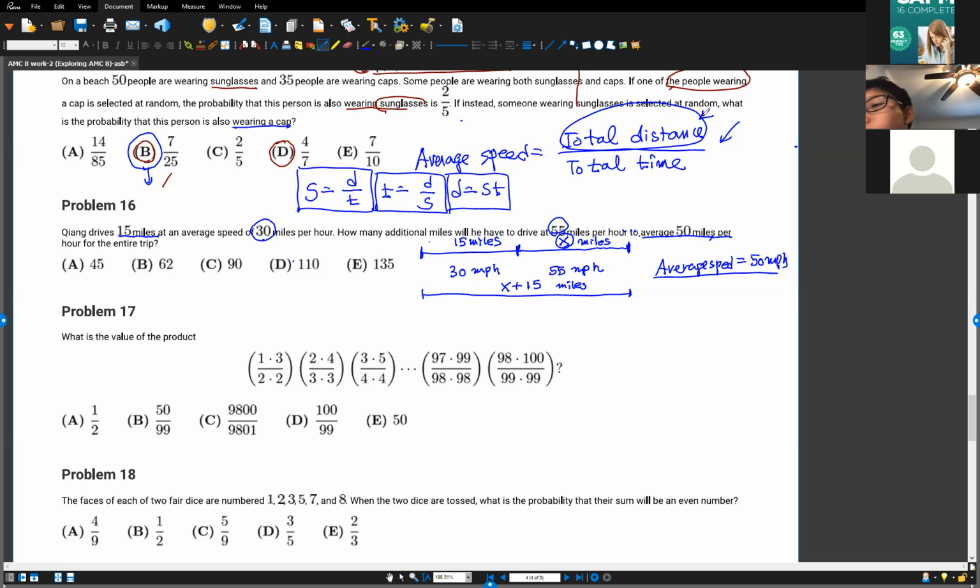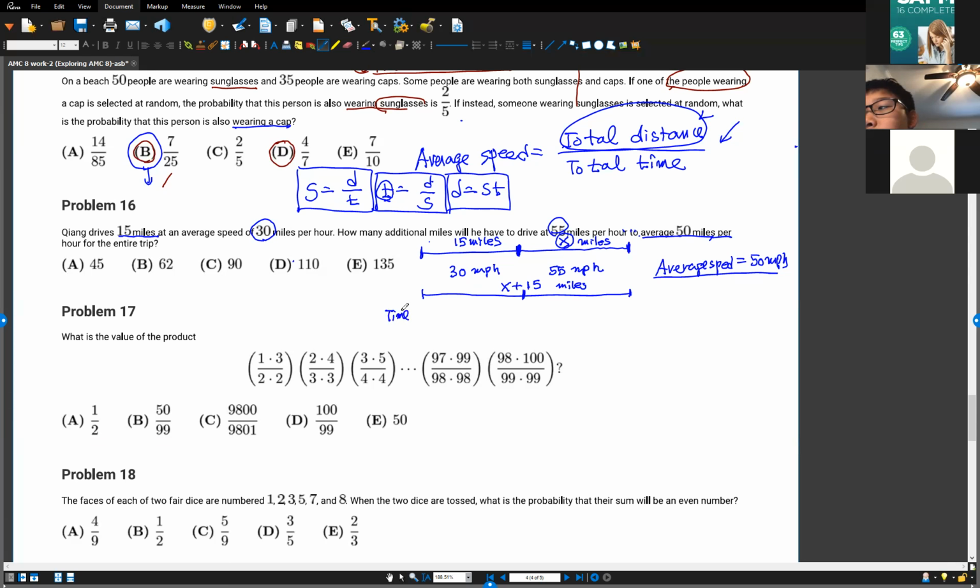Total distance. What is total time? We have to find out. Time is not given. How can you find the time? Distance over speed. For the first section, we already have the distance and speed.